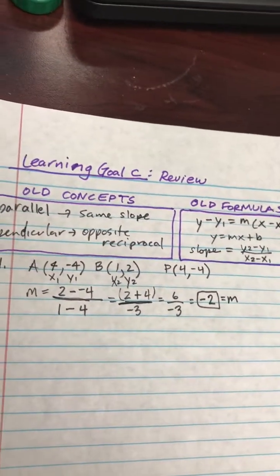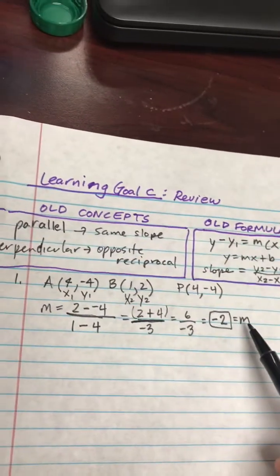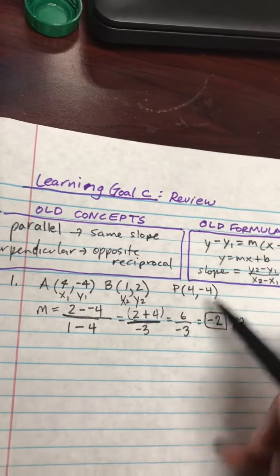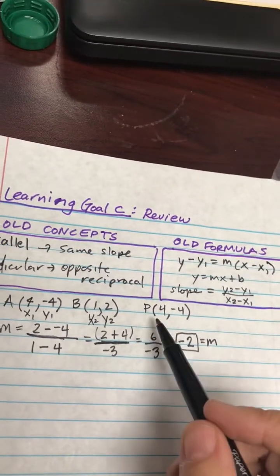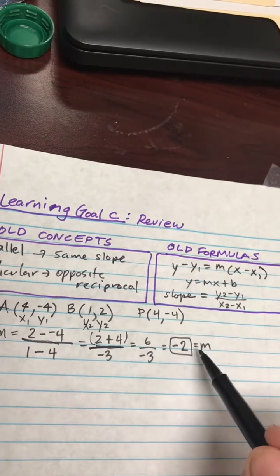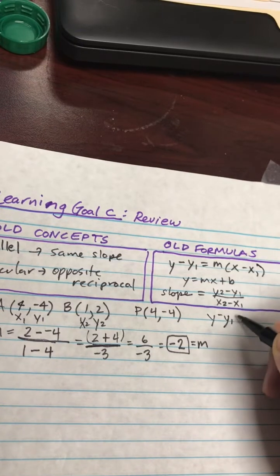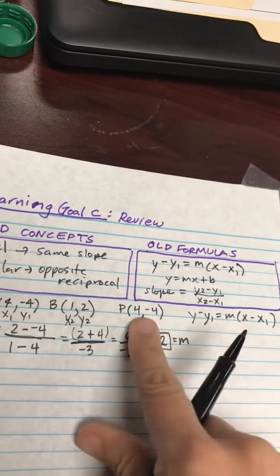Now when I read the question, it doesn't say perpendicular or parallel, so I'm just going to keep the slope the same. I'm assuming this is the slope I need. Now I have a point, so I can use this formula if I have a slope and a point, and that's exactly what I've got here. That's why they call it point-slope formula. I'm going to practice by copying the formula down and plugging everything in.